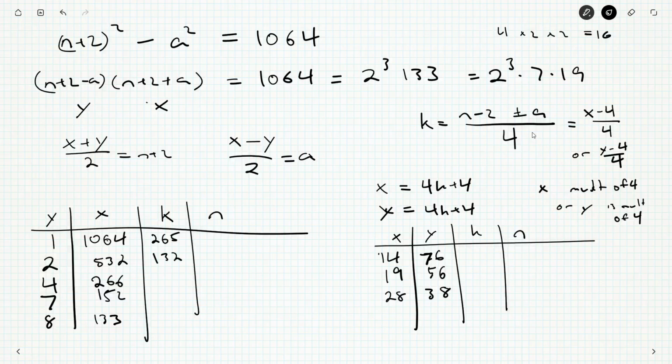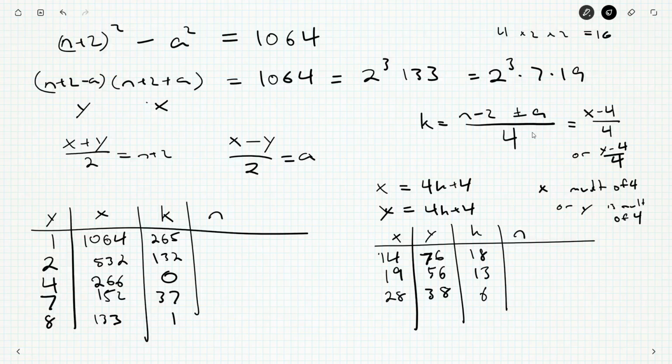It could be minus 4 divided by 4 is 0. That one's right out. 152 minus 4 divided by 4 is 37. 8 minus 4 divided by 4 is 1. 76 minus 4 divided by 4 is 18. 56 minus 4 divided by 4 is 13. 28 minus 4 divided by 4 is 6.